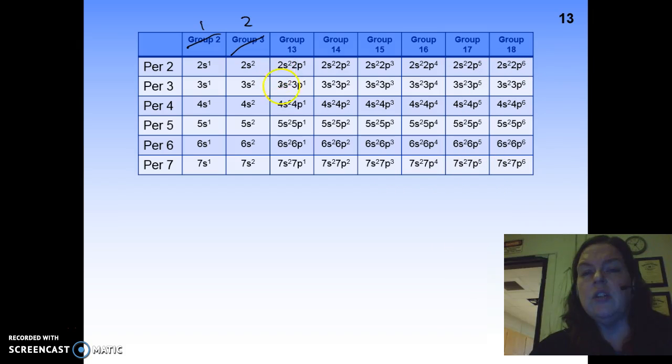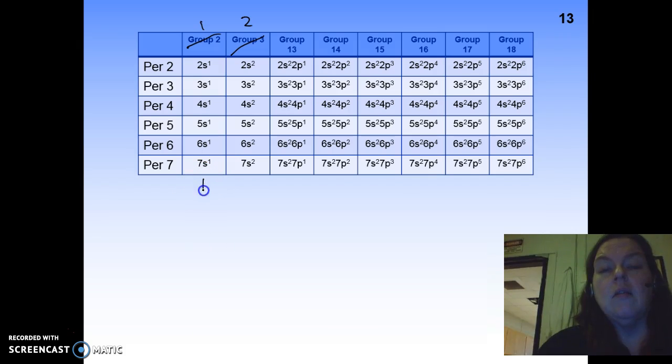So the only thing that changes is the energy level. We can see there's something here that's common. They all have the same number of valence electrons. So this one has 1 valence electron. This one has 2, 3, 4. Remember, 2 plus 1 is 3. 2 plus 2 is 4.